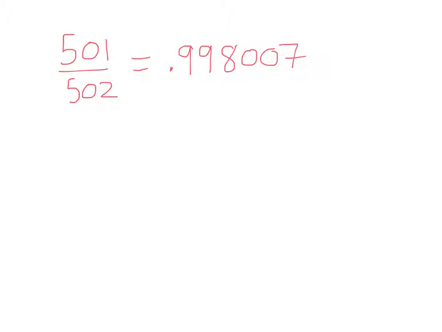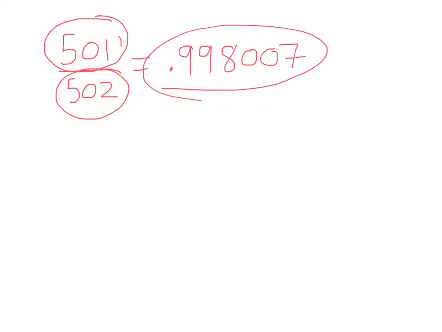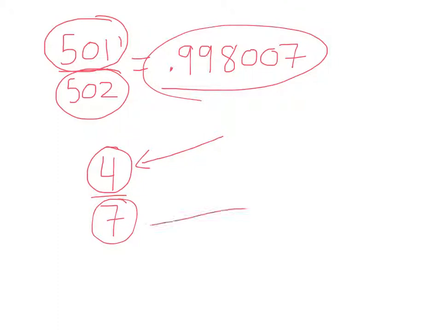But since the top is rational and the bottom is rational, then the decimal has to be rational. That means at some point, the decimal is going to stop. And so if I have 4 over 7, that's rational because I have a rational number on top and a rational number on bottom. So if you have a fraction where there's a rational number on top and a rational number on bottom, then the result is automatically rational.